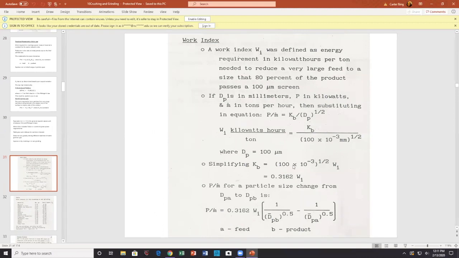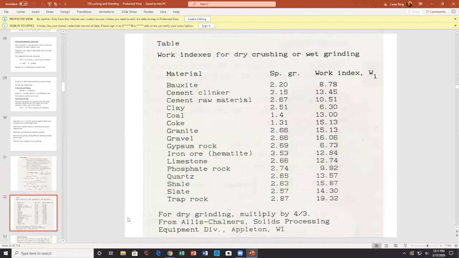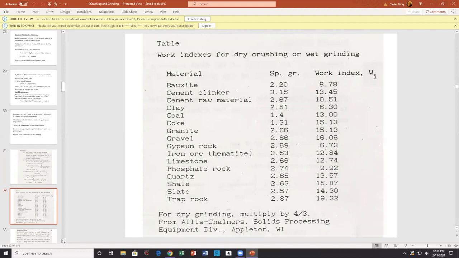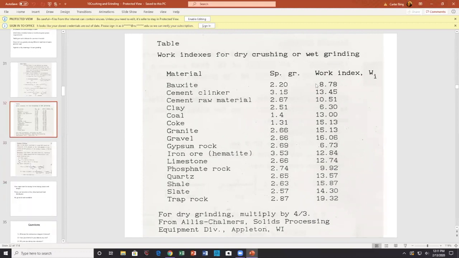Now, the lead constant, let's see where we have the work index sitting here. Okay, you'll notice that all the work indices are floating around the same number. 6 being the lowest, I guess 6.3, with 15 or 19 being the highest.